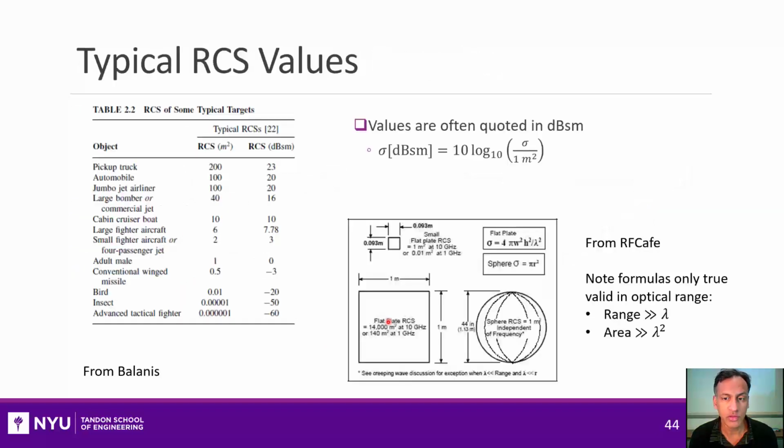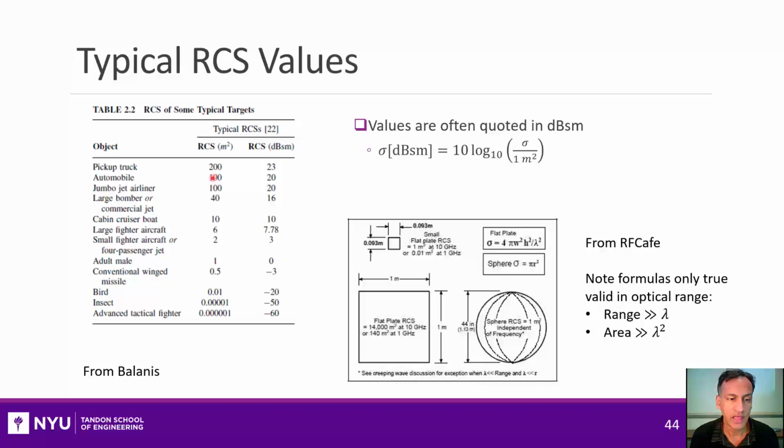So just to show you some examples of radar cross-sections, the first table here is shown from Balanis, and the text, and you'll see the radar cross-sections, first in linear units, but also, more commonly, in dB per square meter. So you'll see that a large truck, for example, can have about 200 meters squared. So in this case, it's quite a bit bigger than the physical size of that truck.